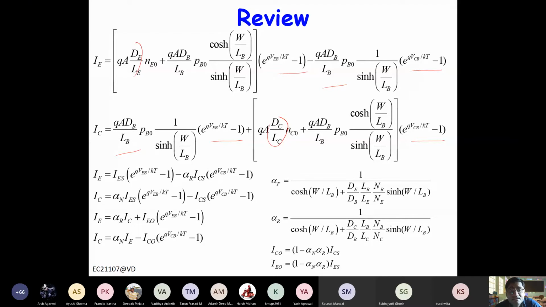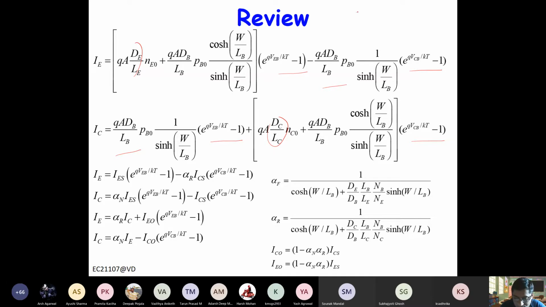Then we discussed a model. We wrote that IE is IES times exponential qVEB by kT minus 1, minus alpha R ICS times exponential qVCB by kT minus 1, and IC we wrote as alpha N IES times exponential qVEB by kT minus 1, minus ICS times exponential qVCB by kT minus 1, and that we represented using two diodes.